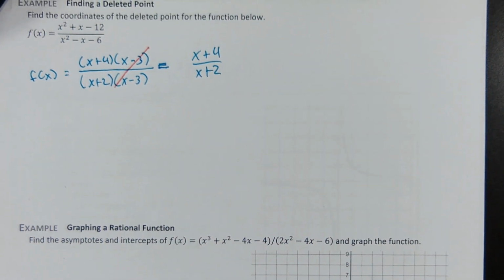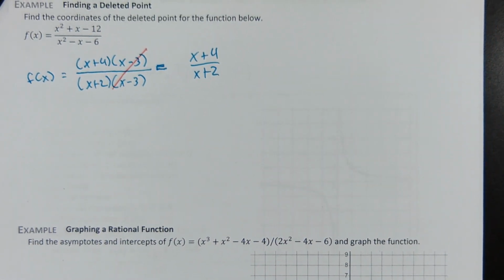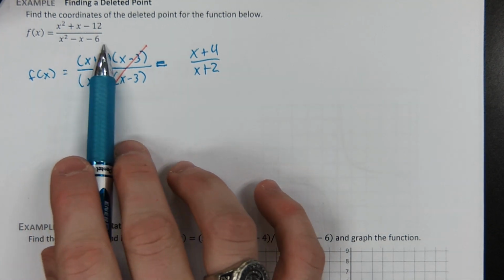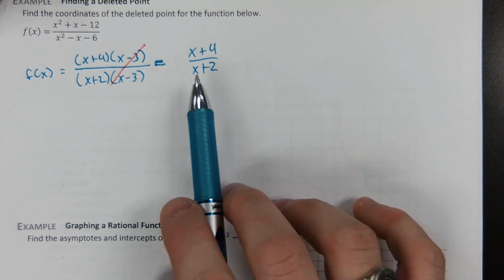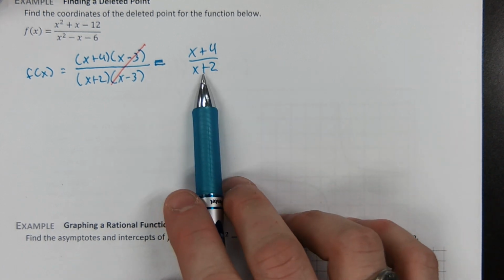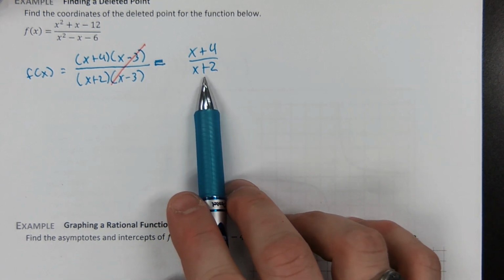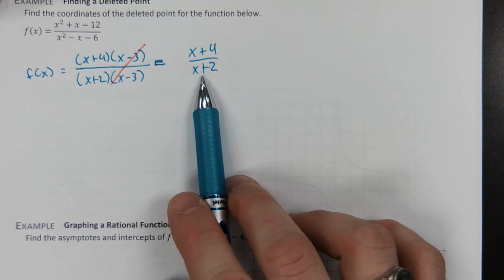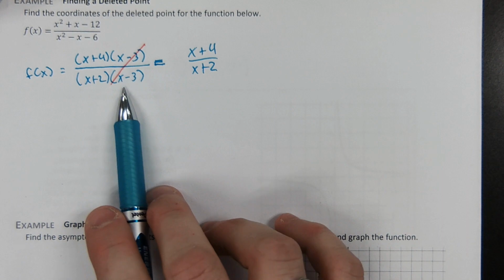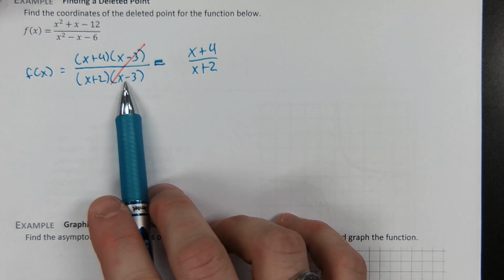But we are all well aware that the original function has two numbers that you cannot use for x. One of them is negative 2, and this graph still shows me that. This graph has a vertical asymptote at x equals negative 2. What this no longer shows me is that x equaling 3 was an issue.